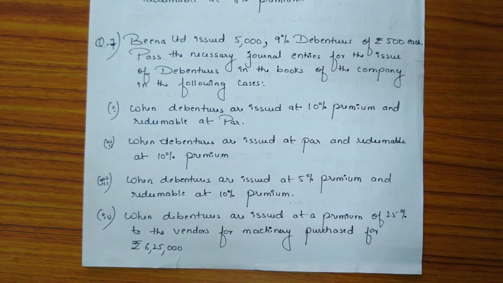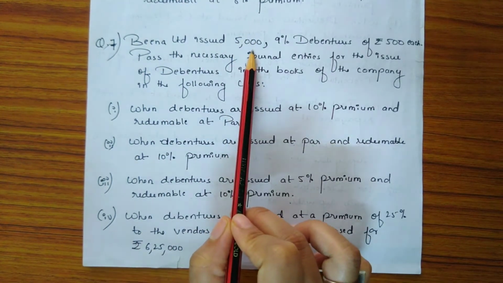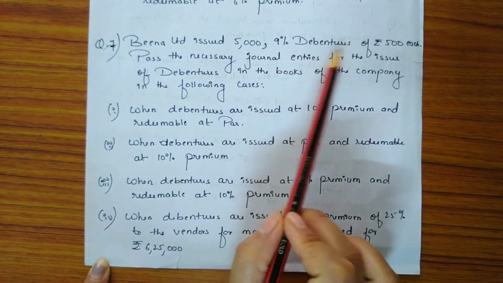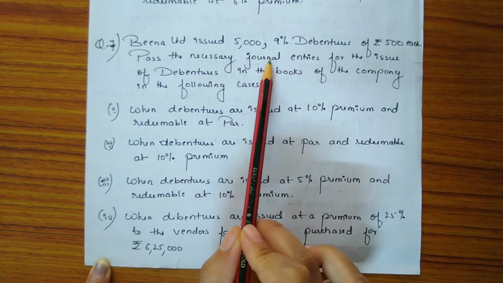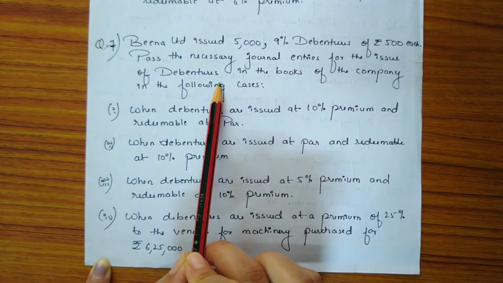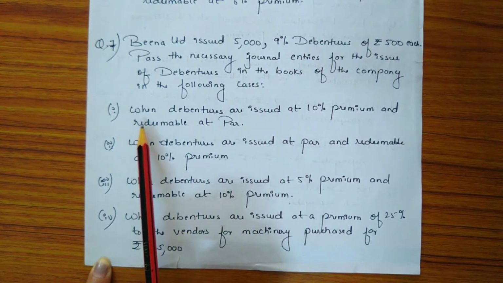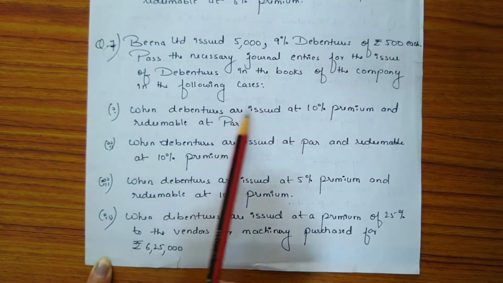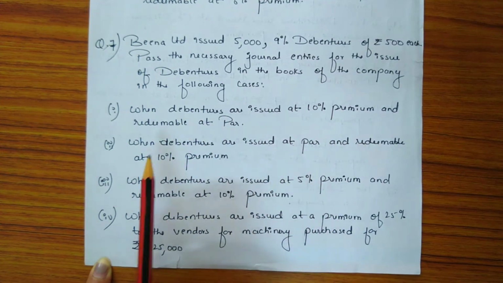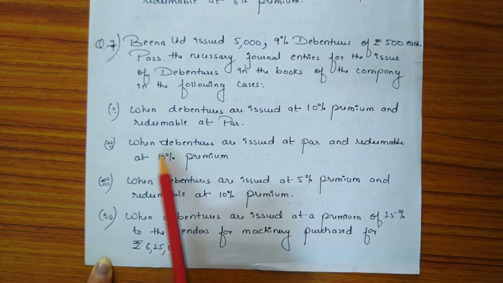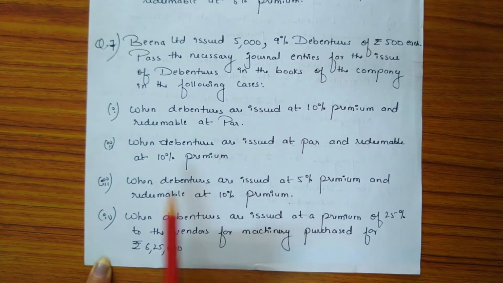Moving on to the next question, which is Bina Limited issued 5,000 9% debentures of ₹500 each. Pass the necessary journal entries for the issue of debentures in the books of the company in the following cases. So the first case is when debentures are issued at 10% premium and redeemable at par. Second case is when debentures are issued at par and redeemable at 10% premium.